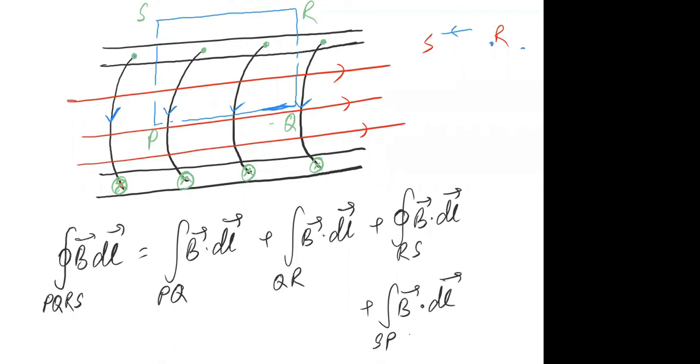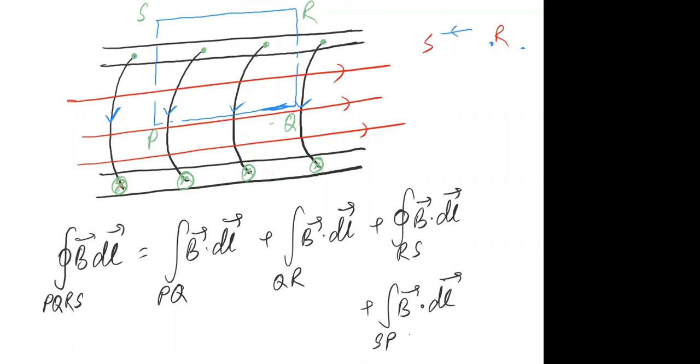What we have done is break this line integral for the whole loop into the sum of individual segments of this loop. And because we only have 4 segments, we can add them up easily.